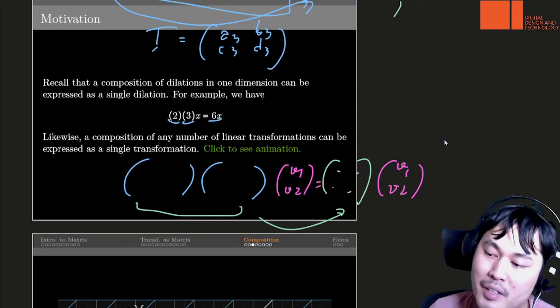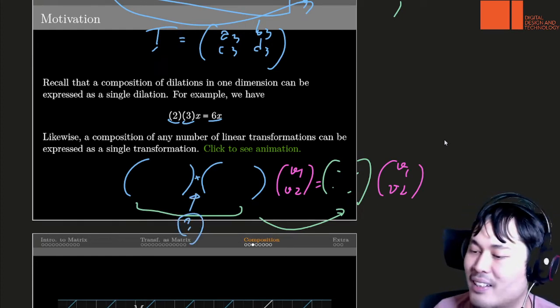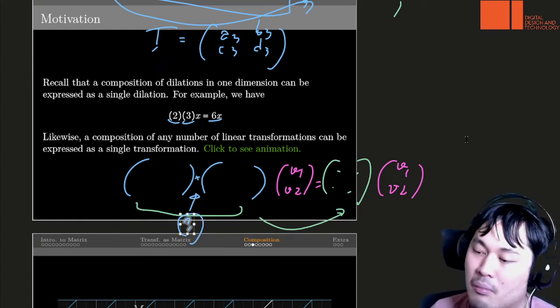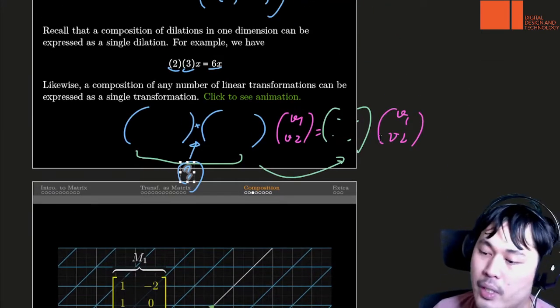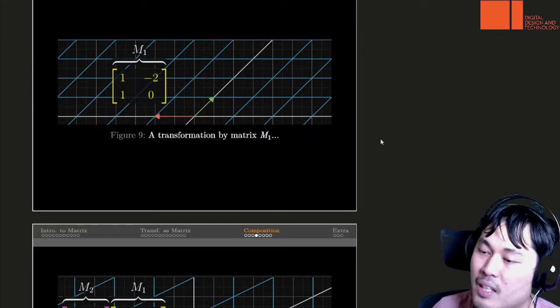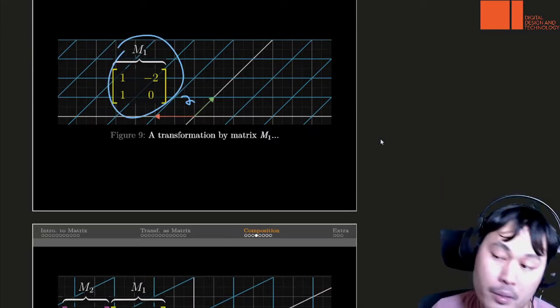Right? At first, we haven't talked about how we multiply this in the first place, but we're going to see in a moment that it should make sense if you do it this way. And we start from the first composition.